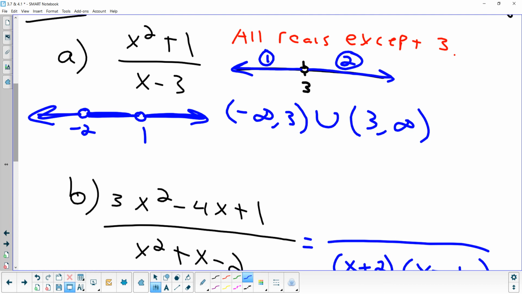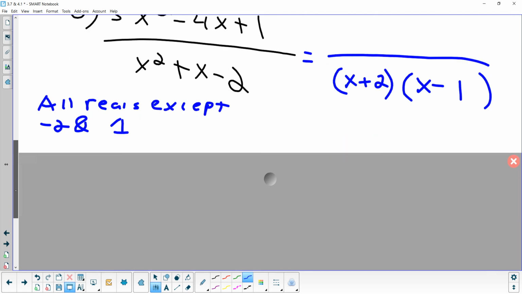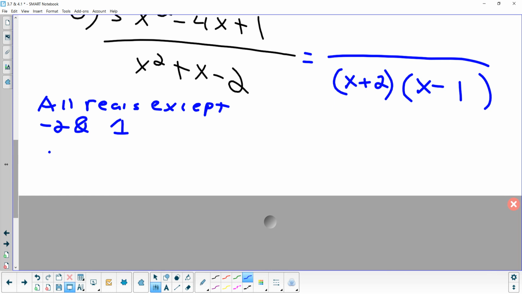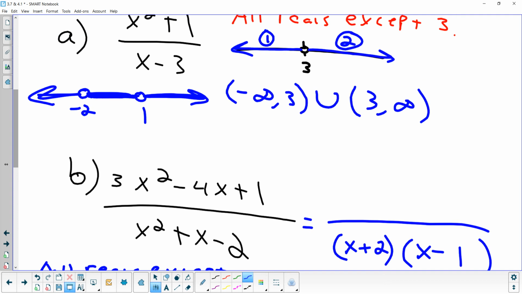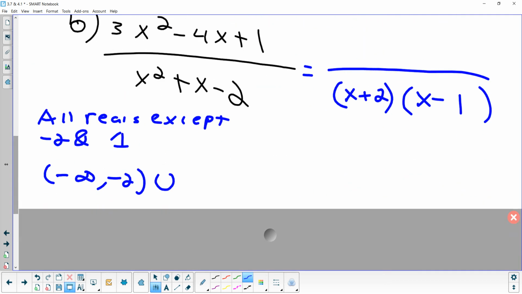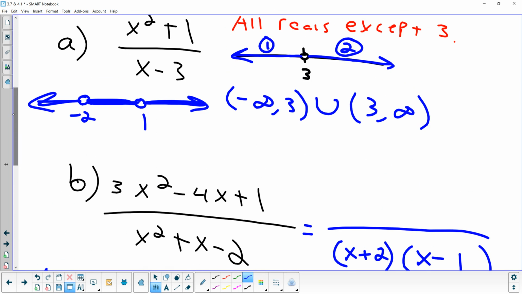You could pick anything below -2, or you could pick anything between -2 and 1, or you could pick anything above 1.